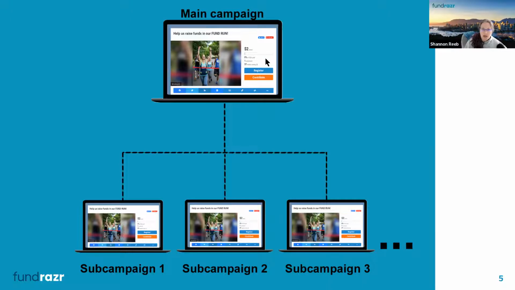So you've got an overall goal, you've got overall funds raised, overall contributors, and all of these stats and data are pulled up from each of that main campaign's sub-campaigns. So you can have as many sub-campaigns as you like under a main campaign, but you can't have more than 2 tiers. So you can't have this sub-campaign right here branch off into its own different sub-campaigns. You can't have that. There's only these 2 tiers.